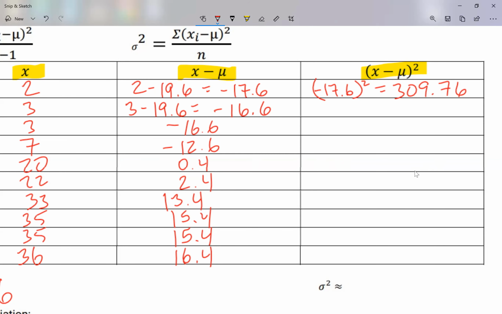My next number, negative 16.6 all squared. So negative 16.6 times a negative 16.6 becomes positive 275.56.